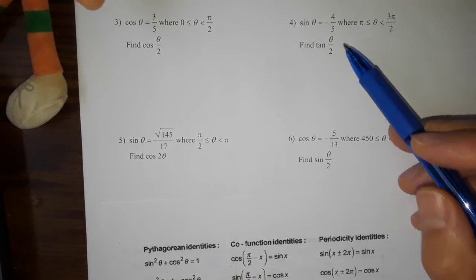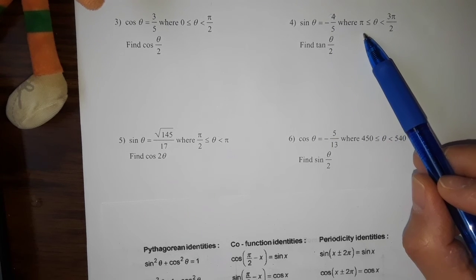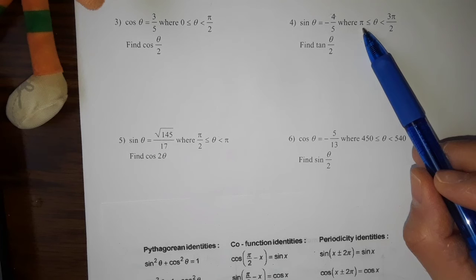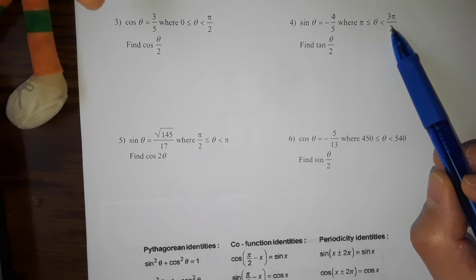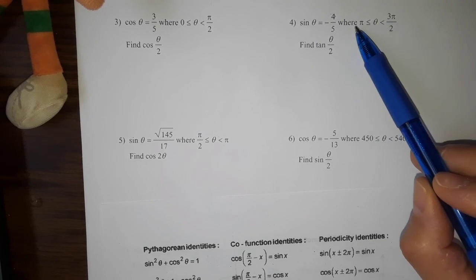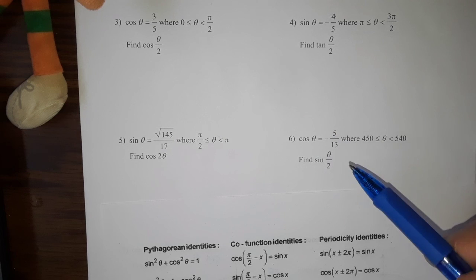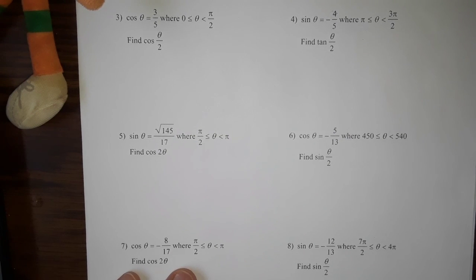Be careful when you have a negative. That means this is in the third quadrant, because it's between pi and 3 pi over 2. So that's 180 to 270. That's happening in the third quadrant. So again, after this explanation, you can do all of them. I hope it helps.